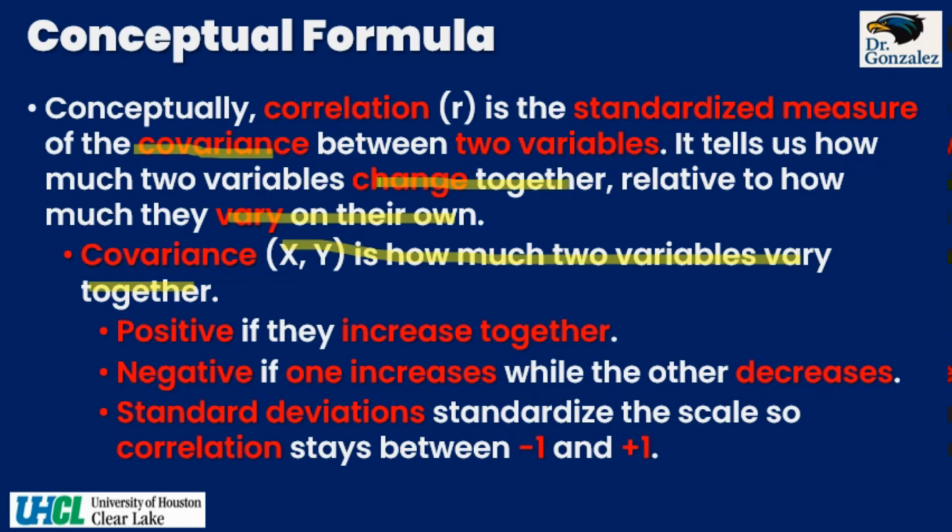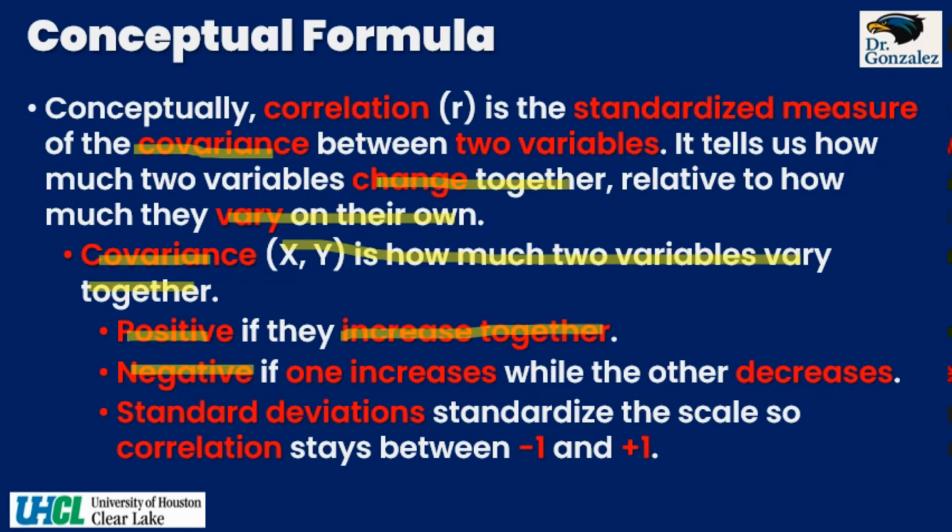So we're comparing covariance to how much a variable changes or is different on its own. Covariance is going to be positive if those two variables increase together. It's going to be negative if one increases while the other one decreases. And your standard deviations are going to standardize that scale so that the correlation coefficient, the thing that you're calculating in a Pearson's calculation, gives you a score.